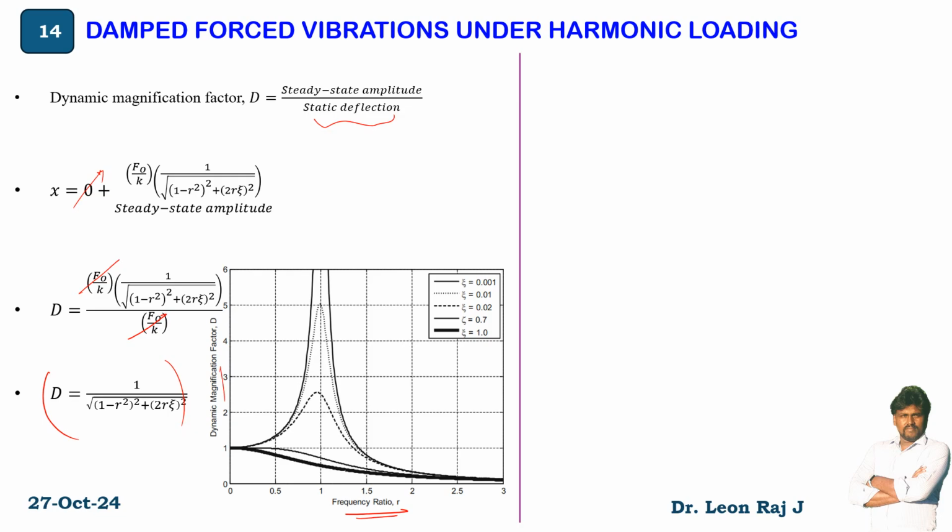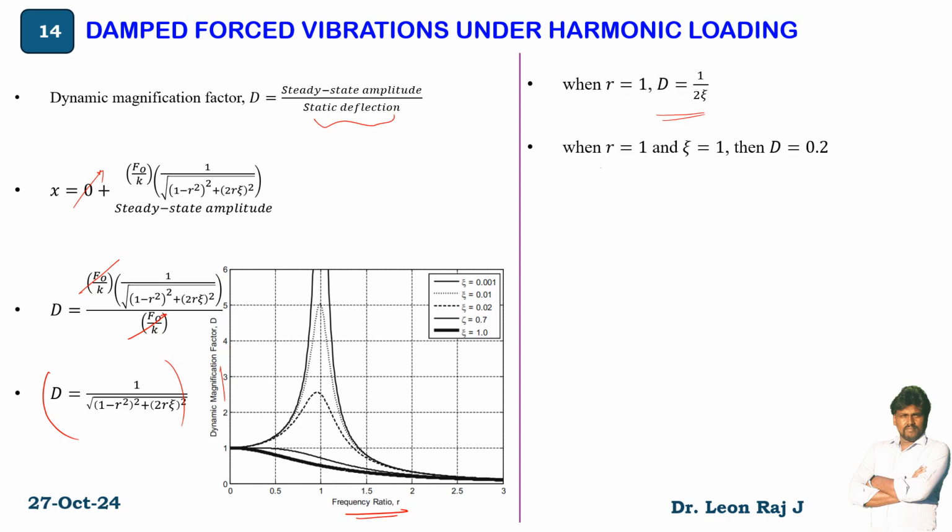The variation of dynamic magnification factor versus frequency ratio is drawn here. So let us plot with the points available with us. If you substitute r equal to 1, your D equals 1 by 2 xi.